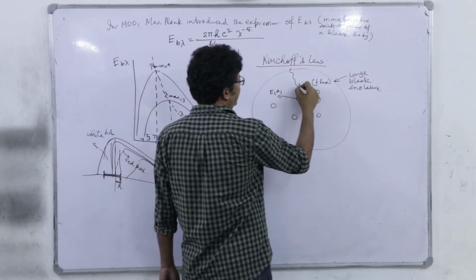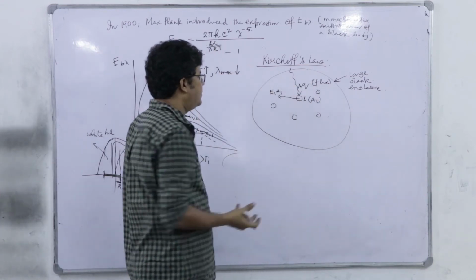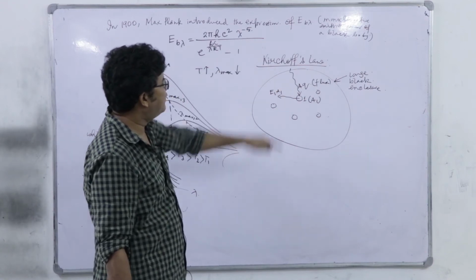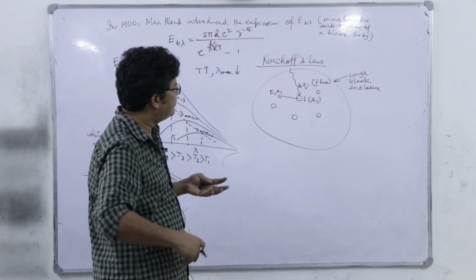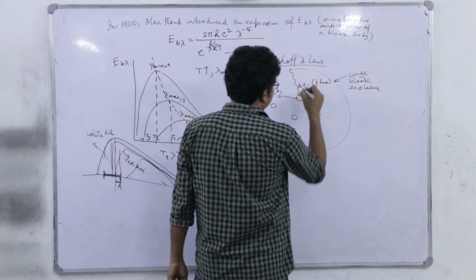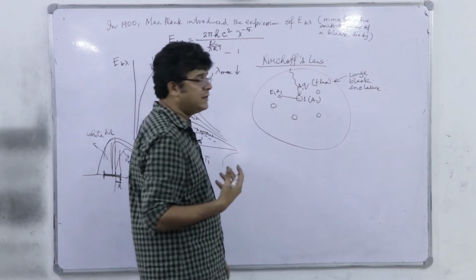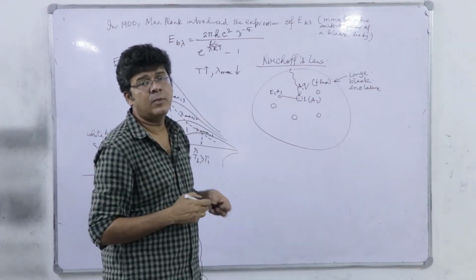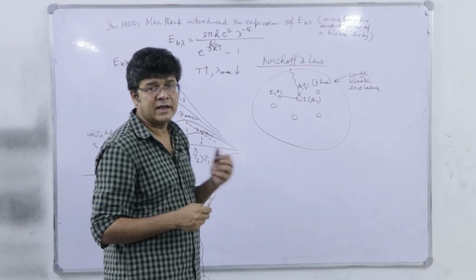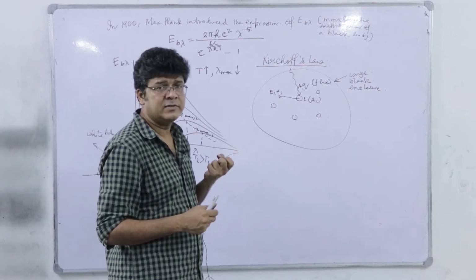It is being hit by a radiative energy flow rate A1 into Q. Now, out of this incident A1 into Q amount of radiation, only a fraction alpha, that is the absorptivity, will be absorbed by this object.